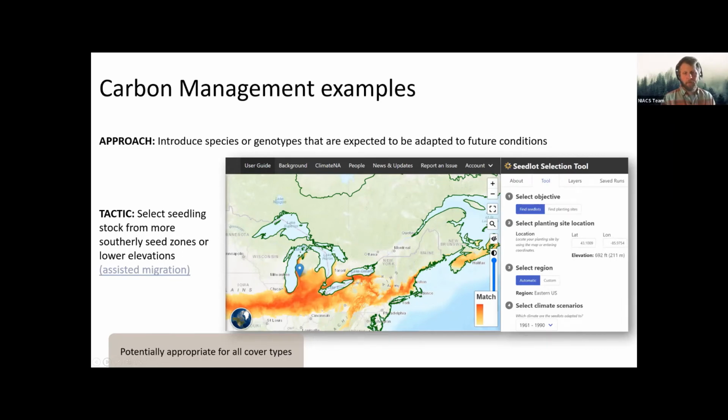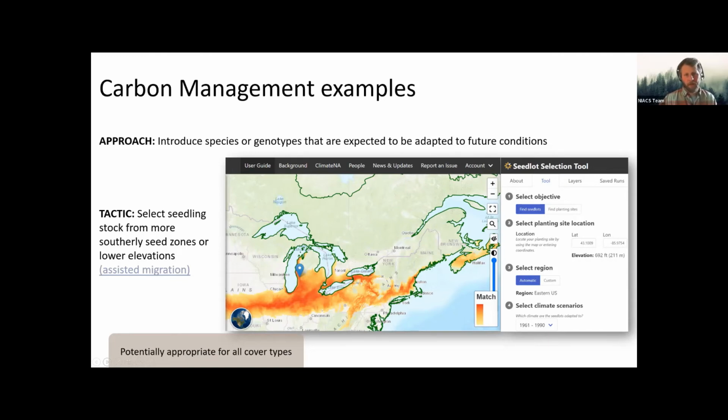And there's some good information that we can point towards on ways to think about assisted migration versus range expansion, to essentially look at, are you introducing a species that isn't present and isn't in your region at all, which would be a true assisted migration scenario, versus something like, we don't have the species on the site, but it does exist in our region.